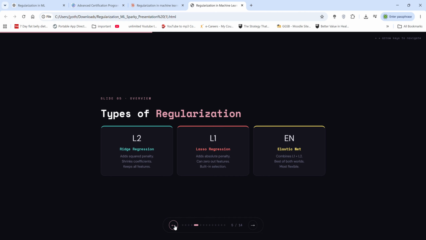Please remember that regularization works only on the coefficient. It doesn't work on the intercept. So in L2 regularization, what happens? As the lambda value increases, the coefficient shrinks, but it does not become 0. In lasso regularization, again, we have the same formula, the cost function.